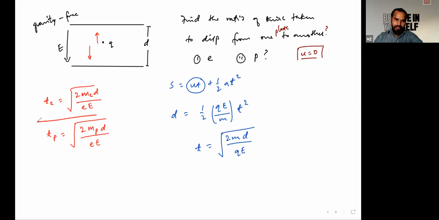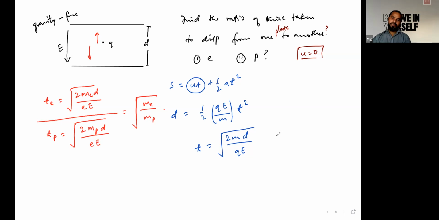Now, on taking the ratio of these two, all the terms would cancel out. We're left with nothing but root of mass of electron over mass of proton. Since we have a square here, it will become under root.